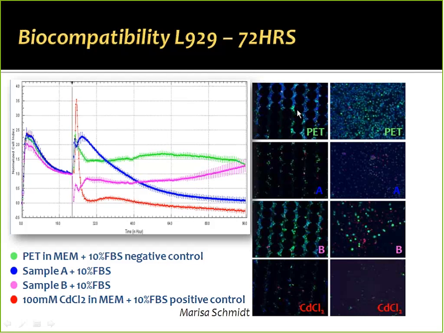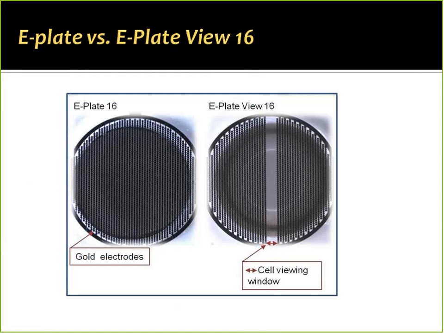And so I think one of the beautiful things about ACEA and its products is that they've designed the product slightly differently. You have a couple of options. If you want to be able to image the cells and still have a cell index reading, they have now included a new product, which is the E-plate View, which has removed, I think it's something like 4 of these microelectrode arrays, and allows you a cell viewing window.